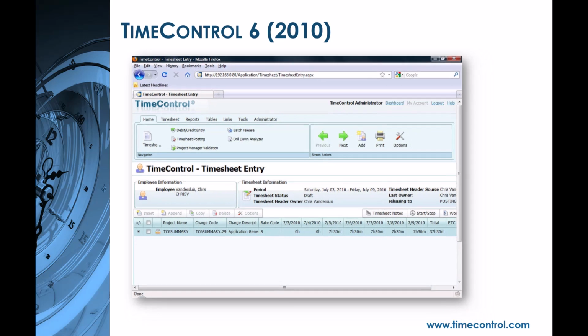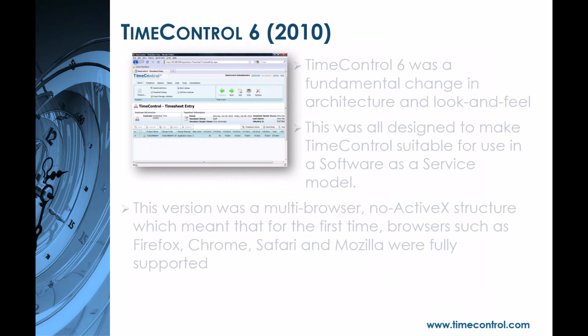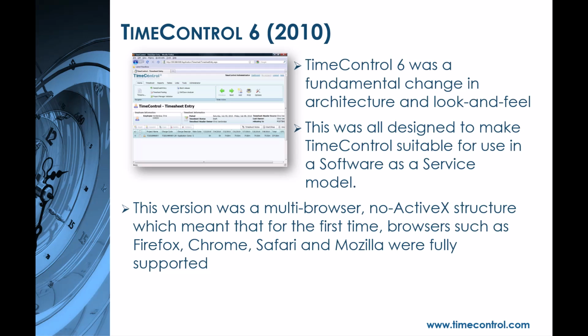So TimeControl 6 was the first version where no ActiveX controls were required and multiple browsers were supported. So Firefox and Chrome and Safari and Mozilla now were fully supportable because there was no Windows control that had to be installed, so it would work fine on a Macintosh or an iPad or a Linux interface.